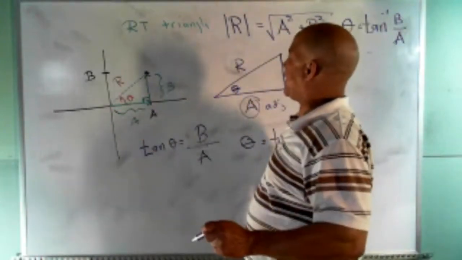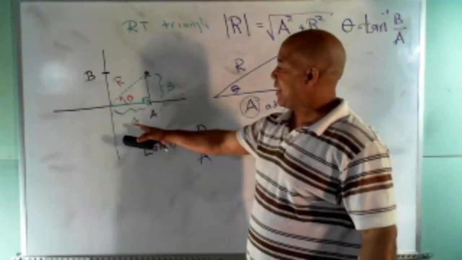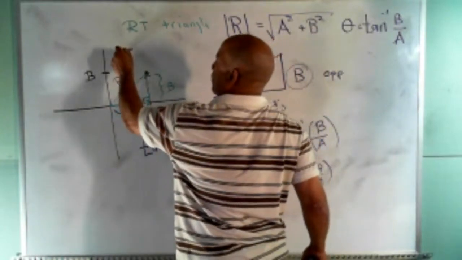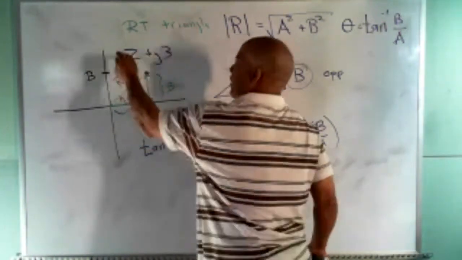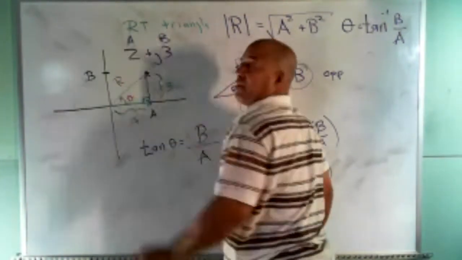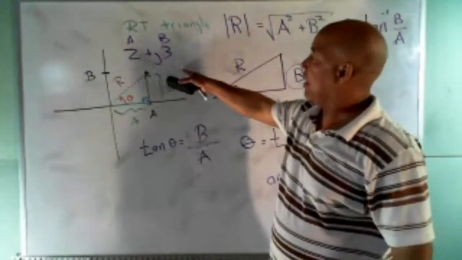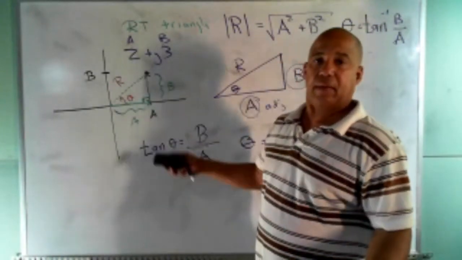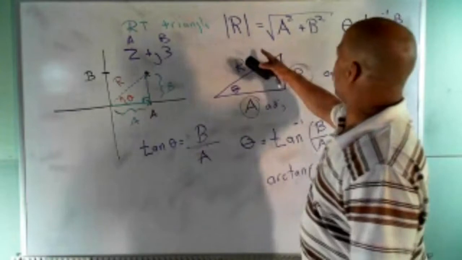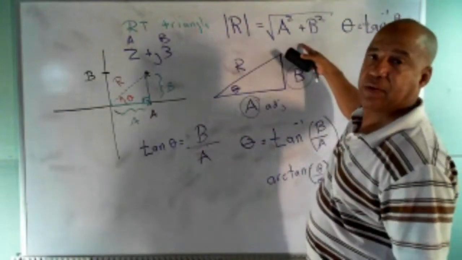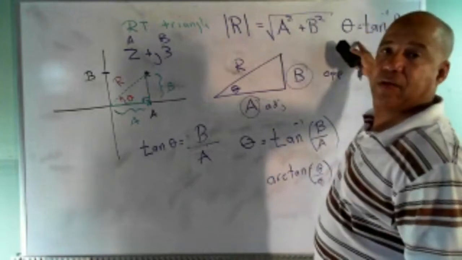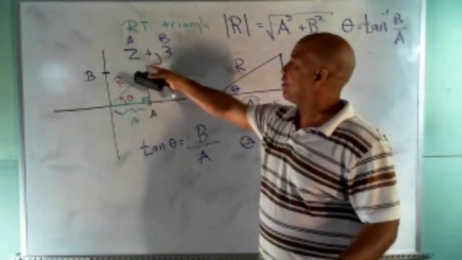Now what we just did, we knew A and B. So if I gave you, say, the complex number 2 plus J3, this is the A and that's the B. That's rectangular form. We want to get the radius vector and the angle, that would be polar form. So by doing this, I can get the radius vector or the magnitude, and by doing that, I can get the angle, and so I can convert rectangular form to polar form.